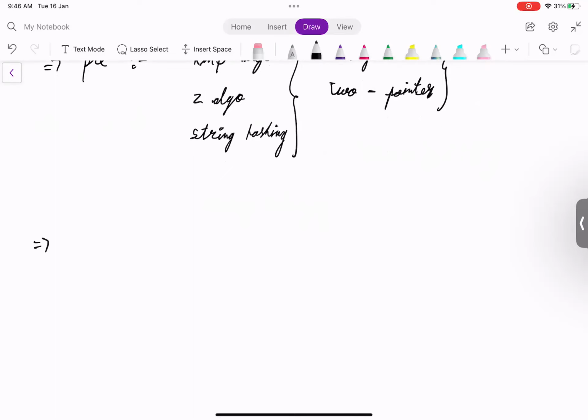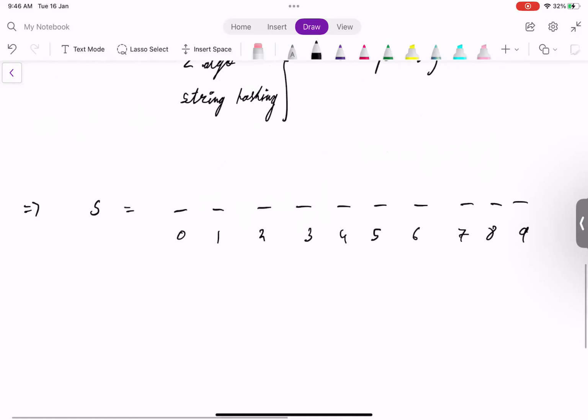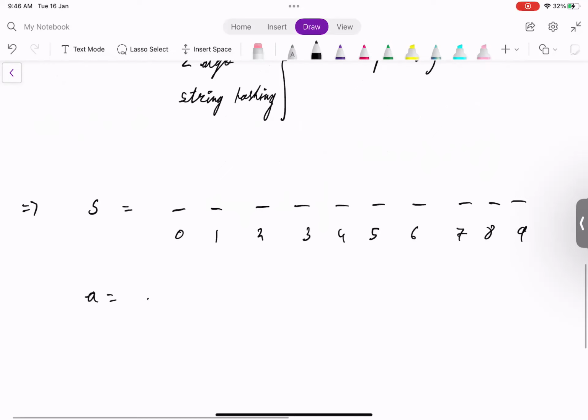Now let's see how we can solve this problem. Basically, S is the original string. Let's consider the indices of S: 0, 1, 2, 3. In each index, a character is given. And let's consider A as the given string, and B as the given string.